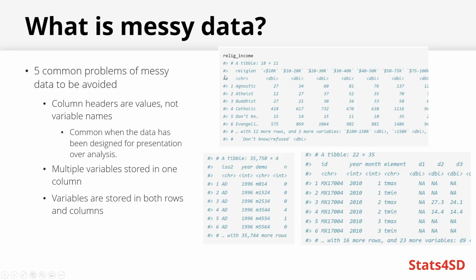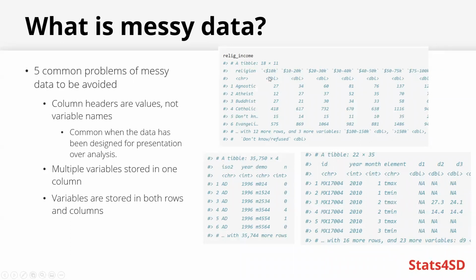If you see in this top example of the three here, you have rows for the observations, which are different religions. And basically this is a table of frequencies.